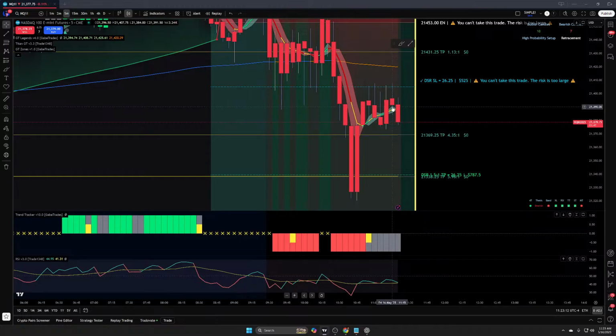We need the band to go red and then see if RSI continues to agree. So price is saying, hey, we're trying to go up. Relative strength is saying, nah, not really. You're weak.